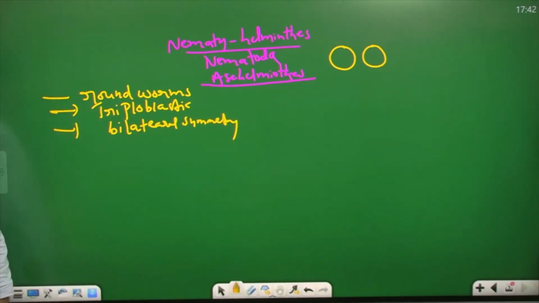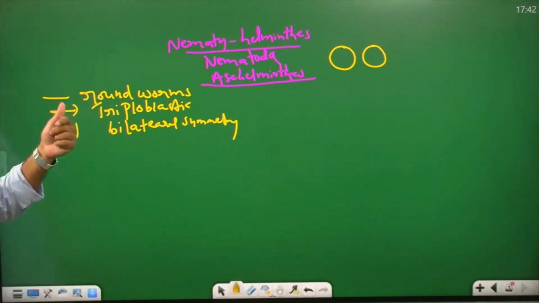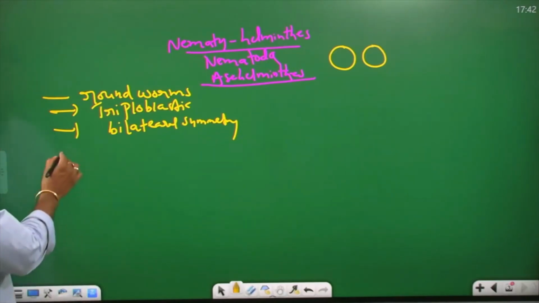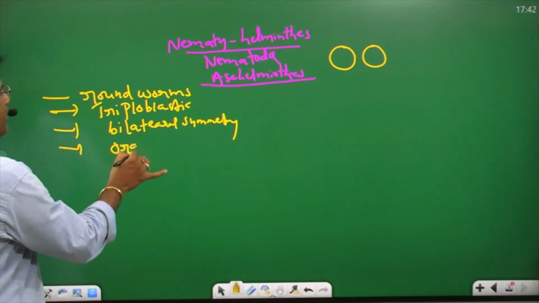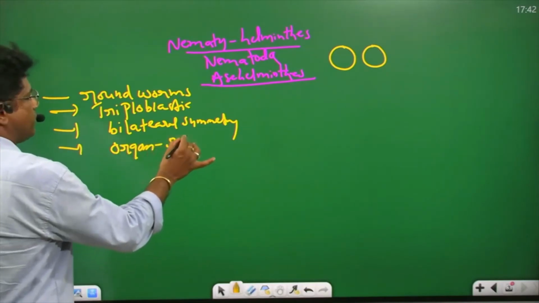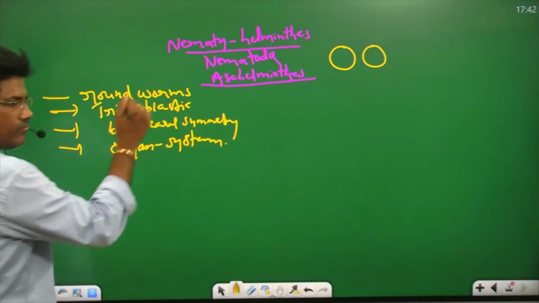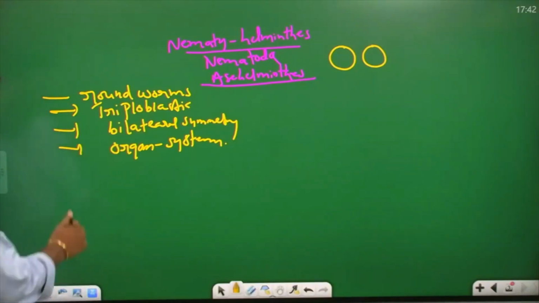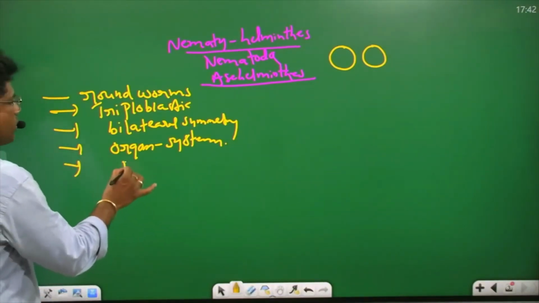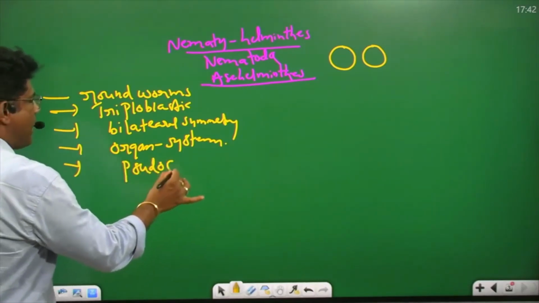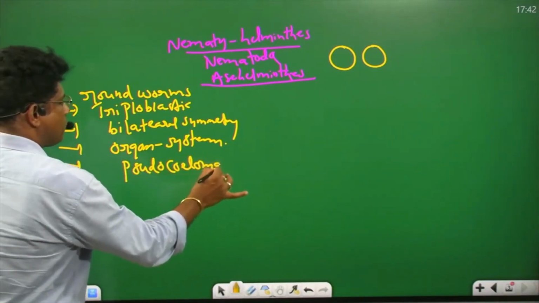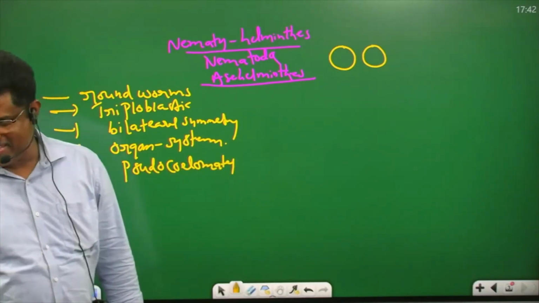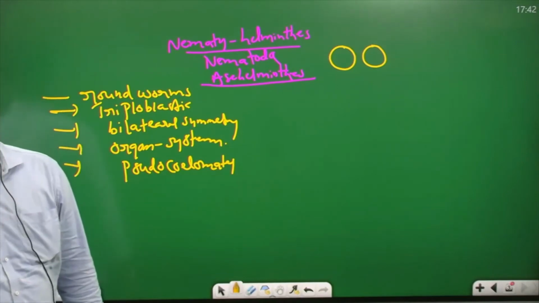Platyhelminthes also exhibit bilateral symmetry. Listen here, they also exhibit organ and organ system level of organization. This is the second phylum. Organs and organ systems both are there. One more point: they are pseudocoelomates. Actually, one point was forgotten in platyhelminthes: they are acoelomates.